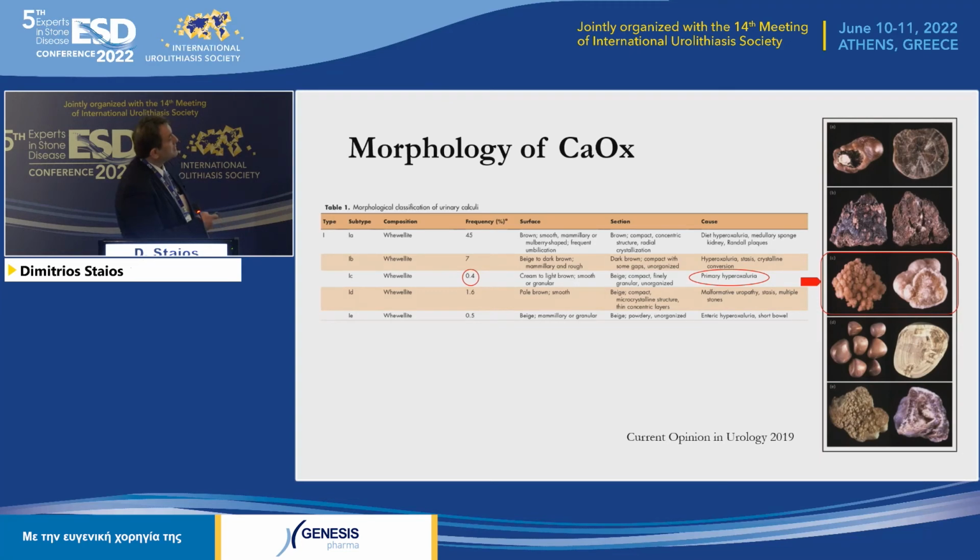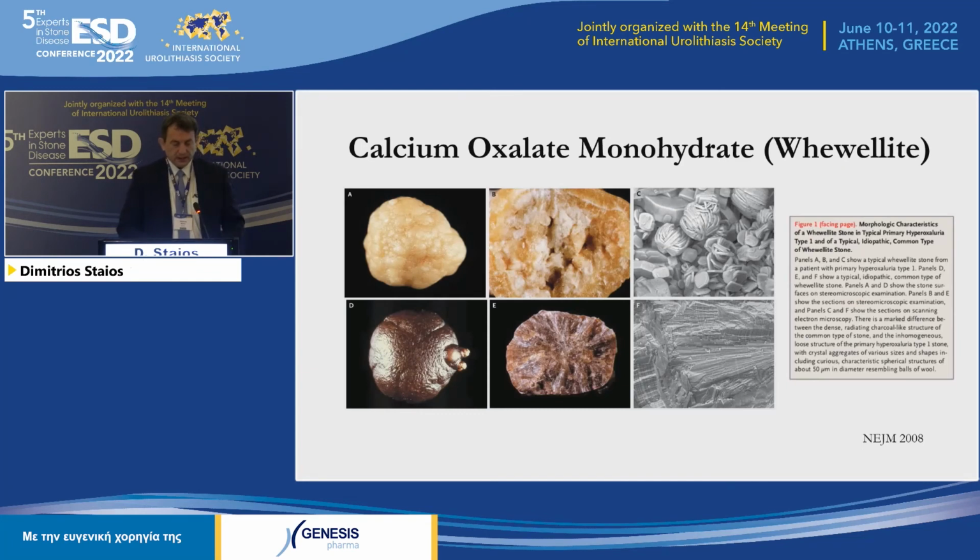Granular, and this is in a frequency of 0.4. The difference with the typical COM stone that we see is that the typical one is brown, and they have this section, and this picture in the electron microscope.